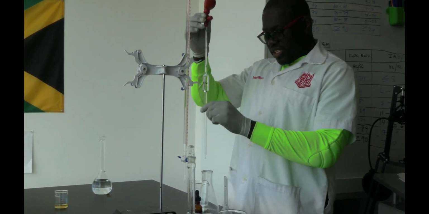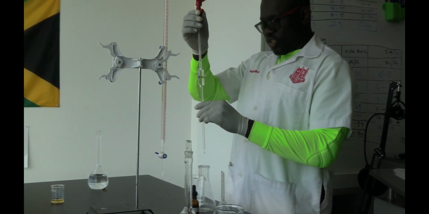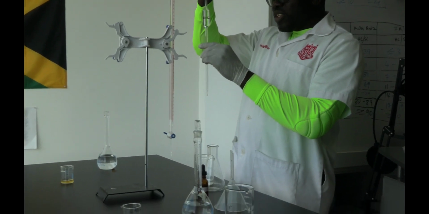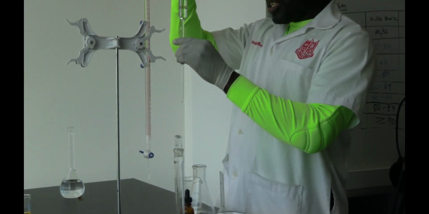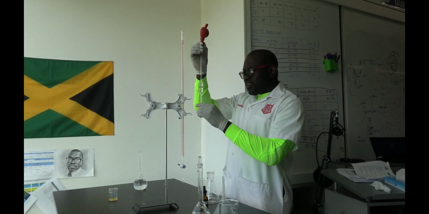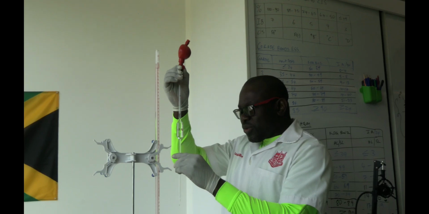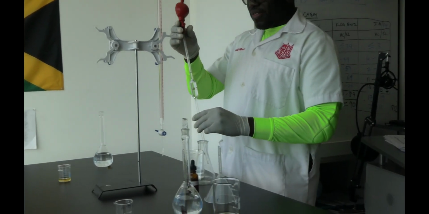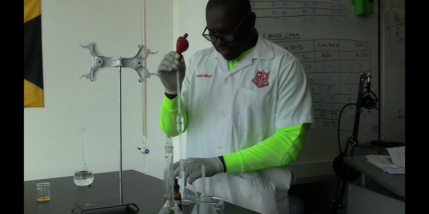So I want the meniscus to sit just on that line, and I should not have any air bubbles in my sample as well. So it's above it, so I need to now adjust the height. That's what I'm doing now by squeezing the E on the pipette filler, and the solution will run out slowly. There you go. So now that we have that, we can now empty our pipette into the conical flask.